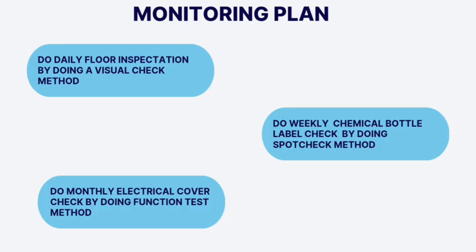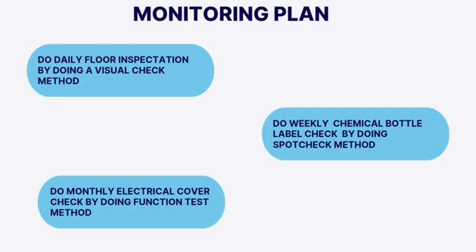To make sure the controls are working, I developed a monitoring plan. First, do a daily floor inspection using a visual check method. Second, do a weekly chemical bottle label check, spill tray check, and fridge log review by doing a spot check, inspection, and logbook audit method.